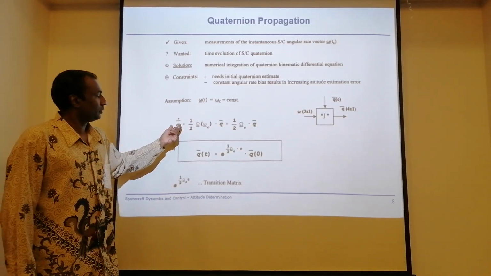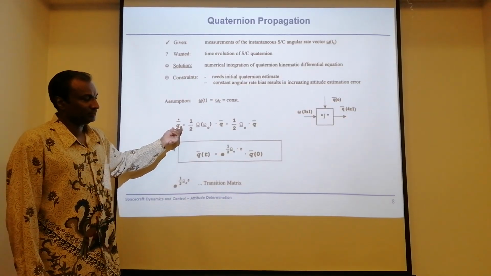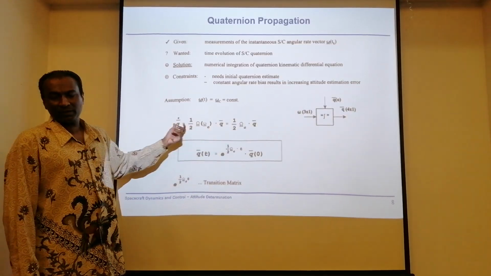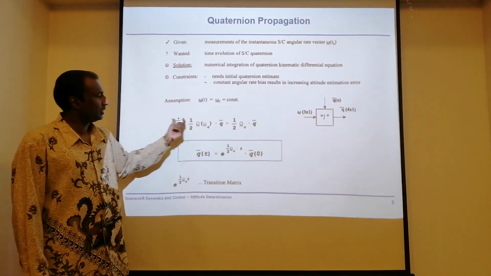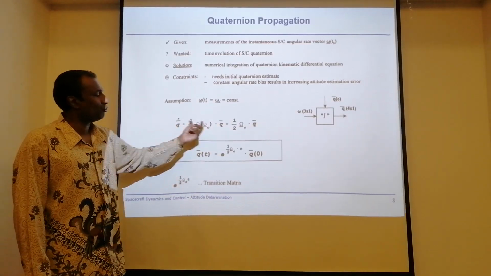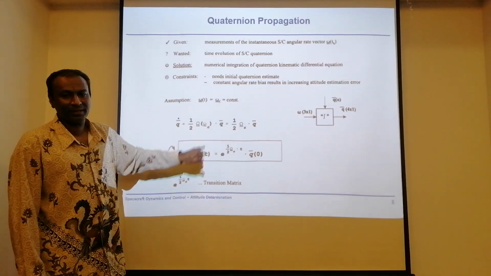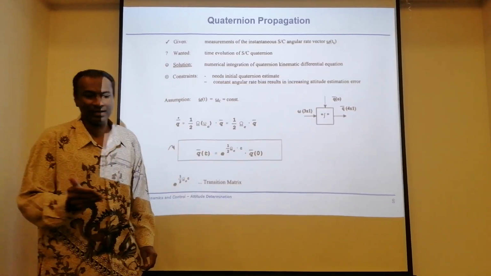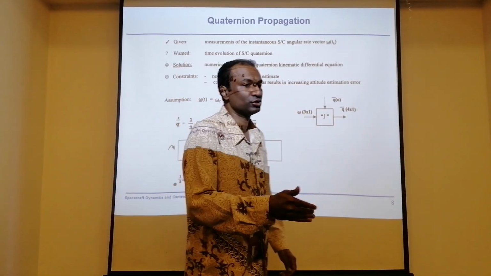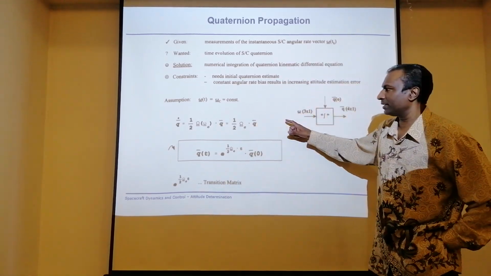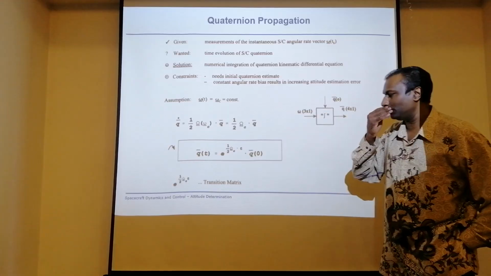Then you have a new quaternion, update back. Keep on doing this. This process is going to go on and on as long as there is a new omega coming in. That means new attitude information coming in. It is going to keep on doing that.